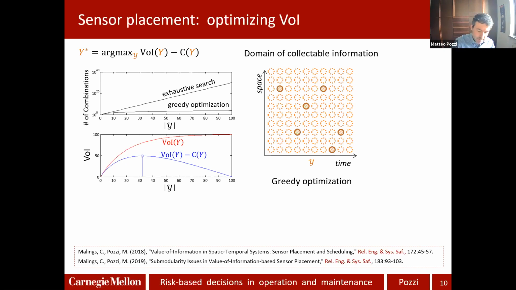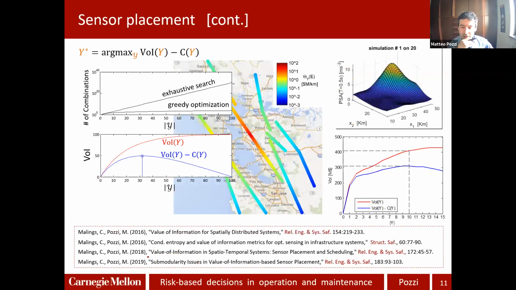Actually, you have this issue of submodularity that unfortunately you encounter for value of information. And when that happens, even the greedy optimization is not really effective. So this is an example from a few years ago, a publication related to optimizing sensing networks for seismic risk in the California area.